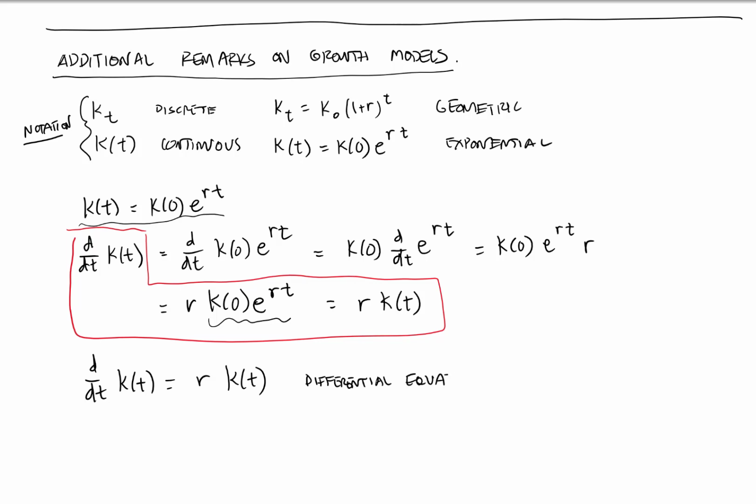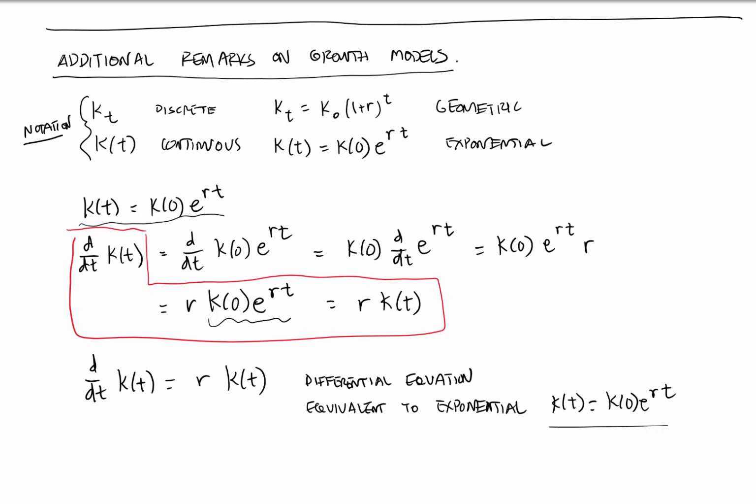This is a differential equation, and it is equivalent to our familiar exponential model. It's just written in a slightly different way, and that would be k of t equals k0 e to the rt.